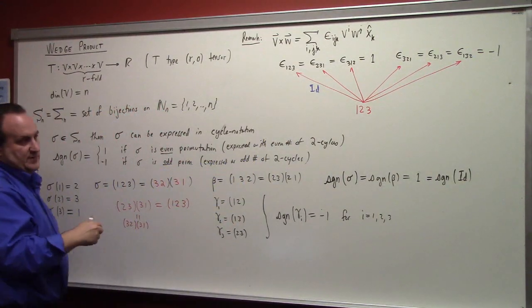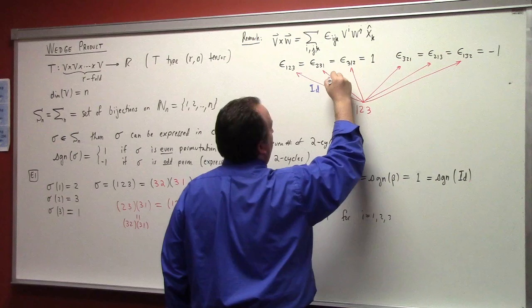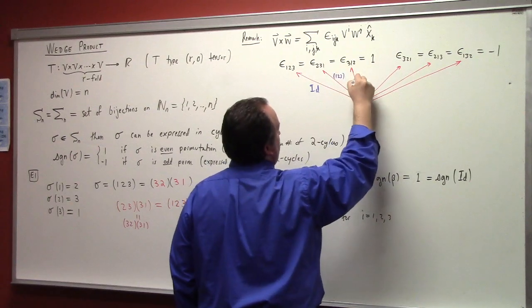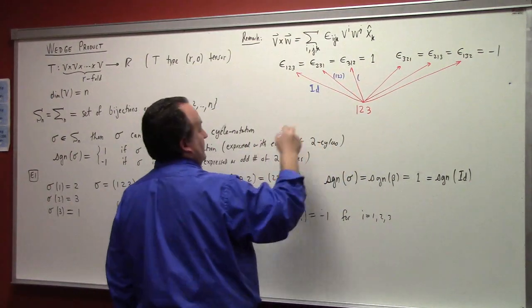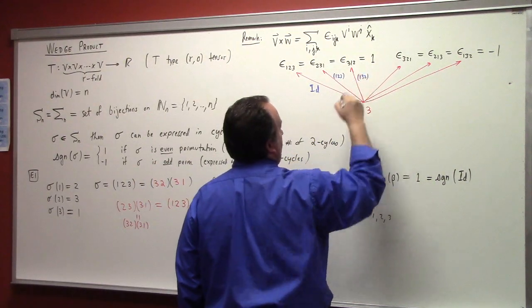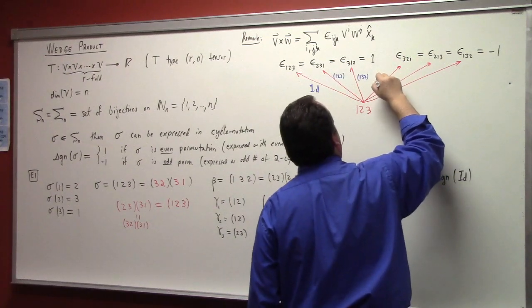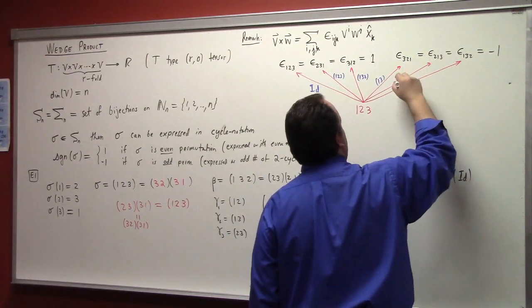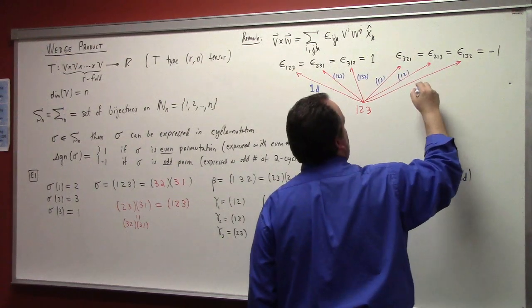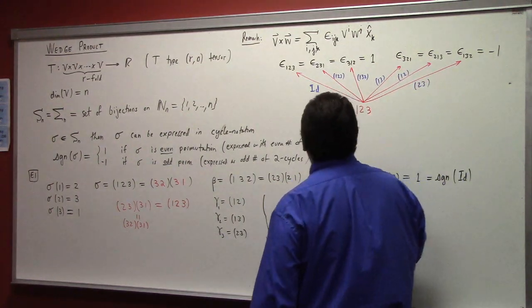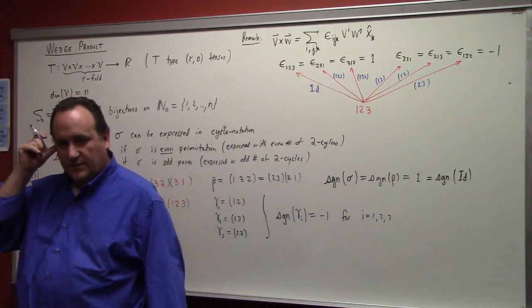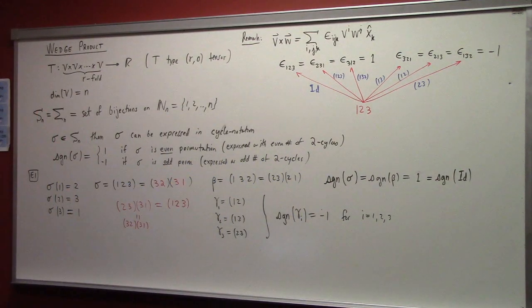That's the 1, 2, 3 cycle. This one is the 1, 3, 2 cycle. This one is fixing 2 and flipping 1 and 3. This one is transposing 1 and 2. This one is transposing 2 and 3. And so that's why we get +1 and -1. That's the interplay between these two formalisms.